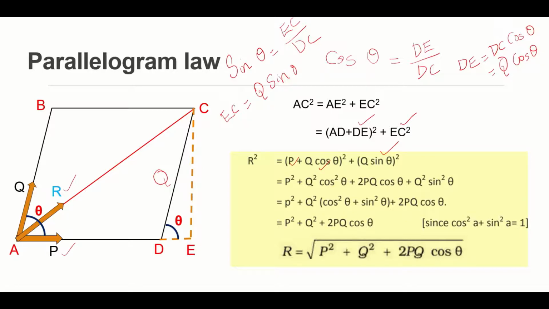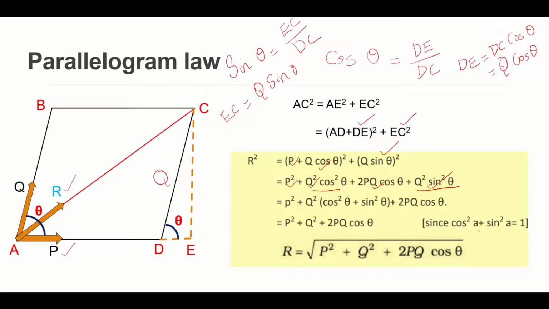Expanding this equation, P plus Q cos theta the whole square gives P square plus Q square cos square theta plus 2PQ cos theta, and Q sin theta becomes Q square sin square theta. Rearranging, Q square cos square theta and Q square sin square theta taken together form Q square times cos square theta plus sin square theta, plus 2PQ cos theta.